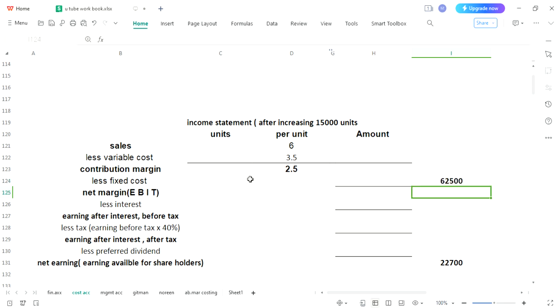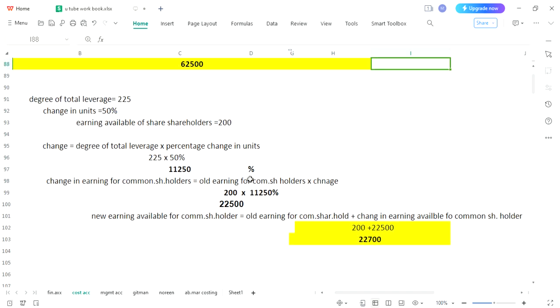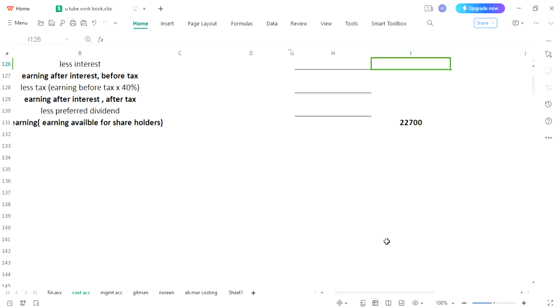Without making our income statement, we have predicted that our answer should be equal to this. Understood? This is what we have done over here. With just this single line, you have calculated percentage change. This percentage change was applied upon old units. Change was 22,500. Old amount was 200 and change was 22,500. Total earning available is 22,700, which you have mentioned over here.